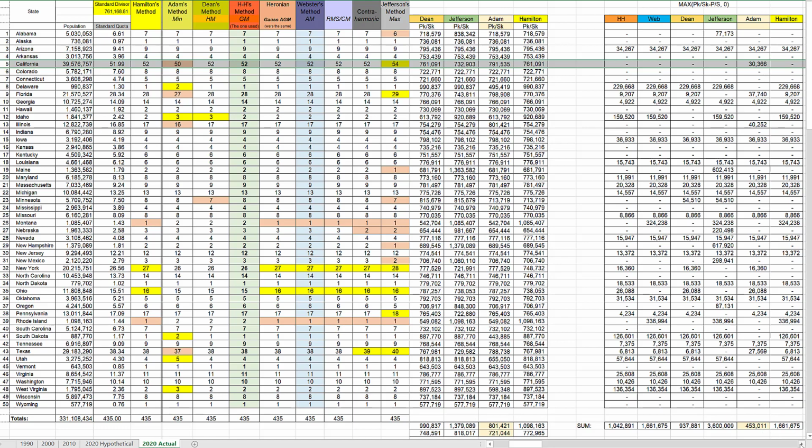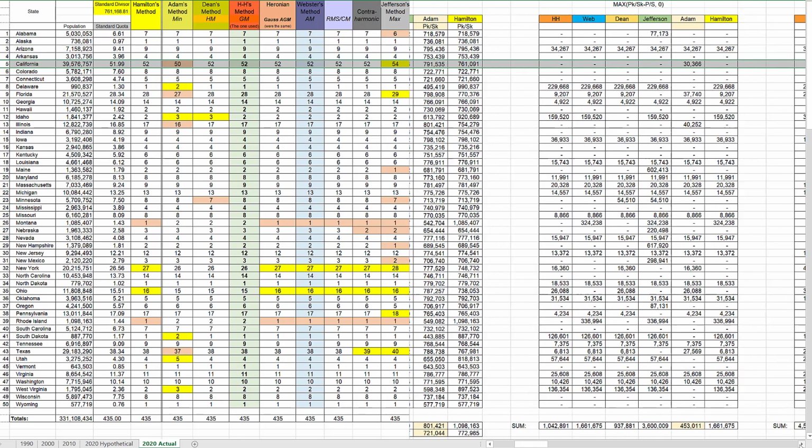If you multiply these quantities by how many seats they're getting, right? Because really California, with Adams' method would get 50 seats, and with others 52 seats. But if I multiply this number by 50, because this is going to happen then for 50 representatives.